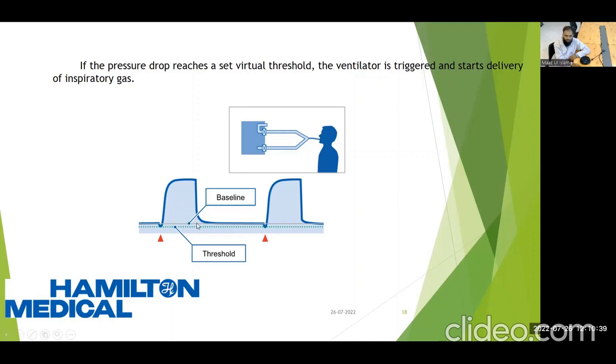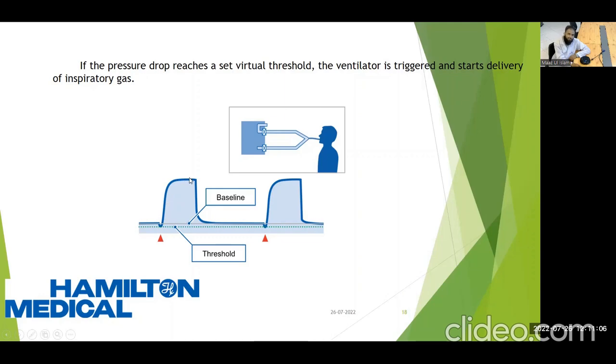Here the black line is the baseline, or the PEEP we set. If the patient responds negatively, here is a point, and we set the threshold at minus 2. When the threshold is reached, the ventilator assists.